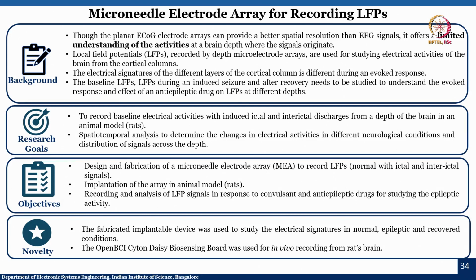Now what we call local field potentials, recorded by depth microelectrode arrays, are used for studying electrical activities of the brain from cortical columns. A very important term came now, which is cortical column.